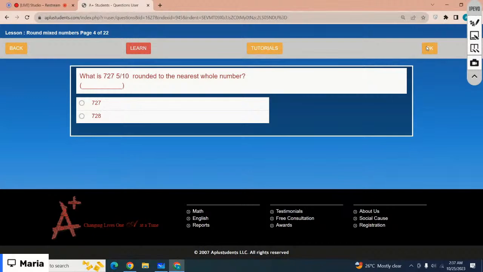Okay, the next one is 727 whole 5 over 10 rounded to nearest whole number. So which is the correct option? 727 whole 5 over 10.